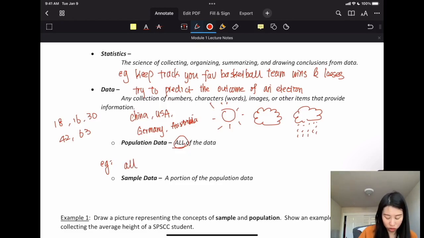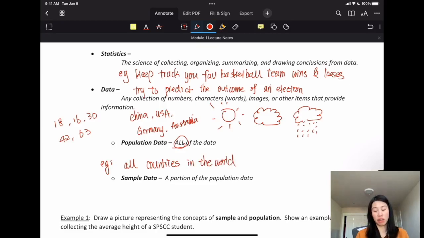So when trying to find out all of the countries in the world and their published data, some countries might not want to disclose their GDP data to the public. So population data is really nice, it's going to be really accurate, but it's not realistic.